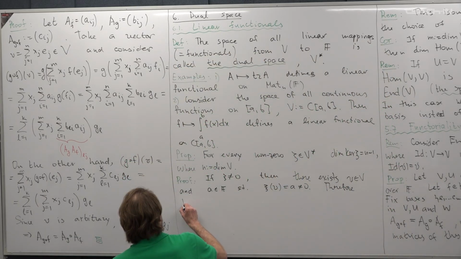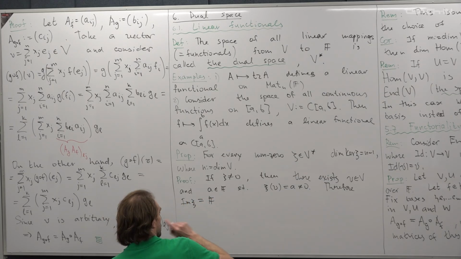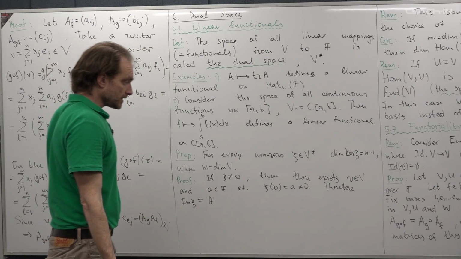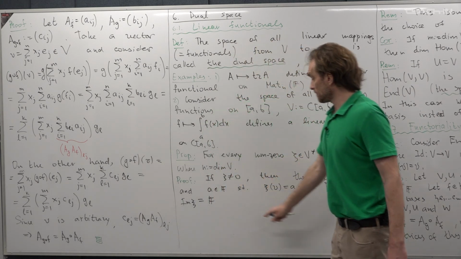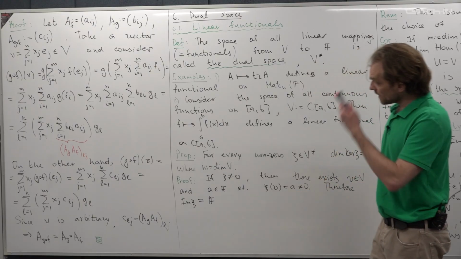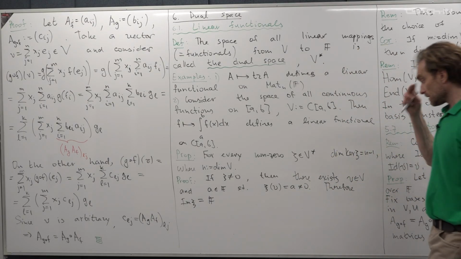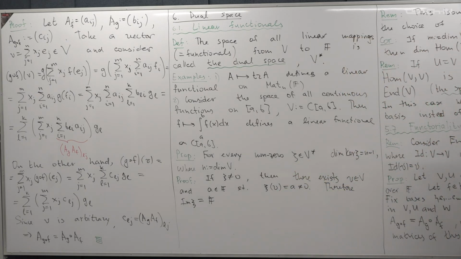the image of Xi as a linear mapping coincides with the whole space, just because the image is always a vector space, and if this vector space contains some non-zero element, then it contains every element that is proportional to this element, and that's why it contains the whole one-dimensional space.